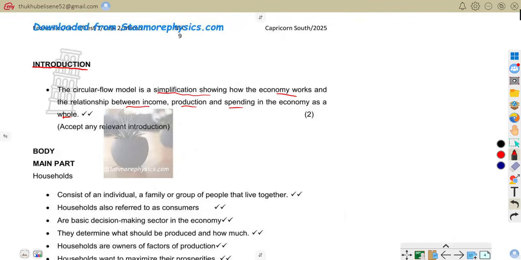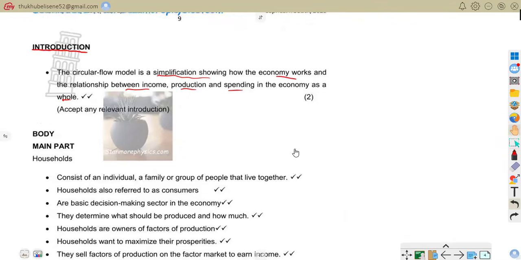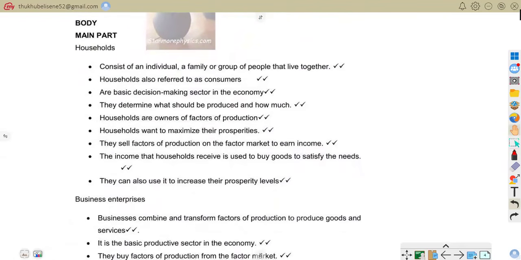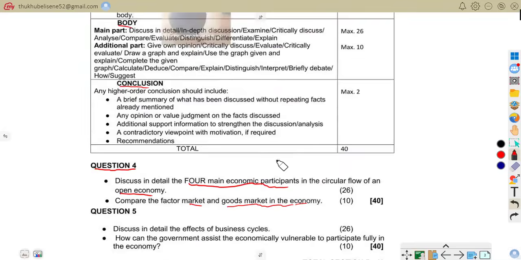So now let us move on to the body, the main part. We are going to talk about the households. That is the first aspect that we were asked to do. If you still remember, we were asked to discuss 4 main economic participants in the circular flow.